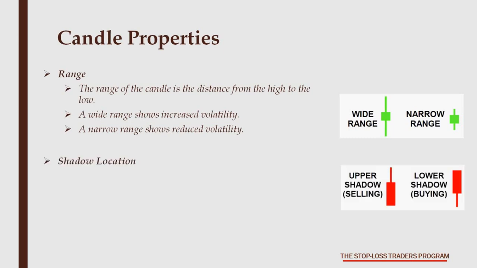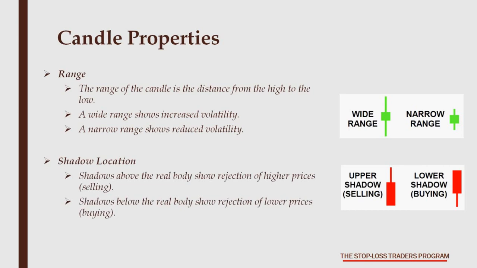We have the upper shadow depicting the selling pressure, because it is the difference between the upper body and the high. And the lower shadow represents the buying pressure, that when the price went down, there was some rejection there and buying emerged, and price managed to close above the low.